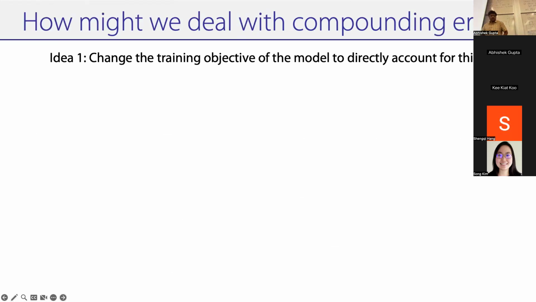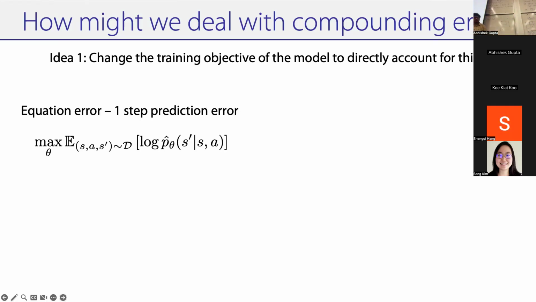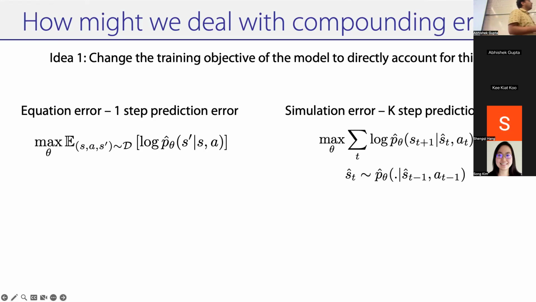So the first idea is to say, well, why are we training on a one-step objective? What if we train on a multi-step objective? What we're doing typically in model-based RL is training on a one-step objective, which is to maximize the likelihood of S prime given S, A. What you can do is a multi-step objective, which says, don't just maximize the likelihood of one step, do autoregressive generation and maximize the likelihood of multiple steps, right? Let's say you start at some state S, with some action A, you roll out S prime hat.